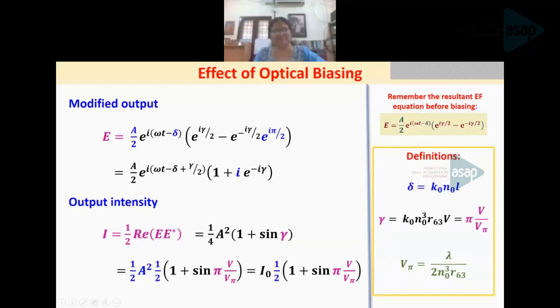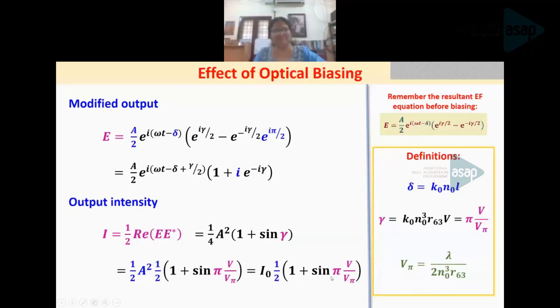Gamma is pi V by V pi. Just substitute that here. And A square by 2 is I0, so 1 by 4 can be split into 1 by 2 into 1 by 2. So the output is I0 into 1 by 2 into 1 plus sine of this. This is the output intensity.